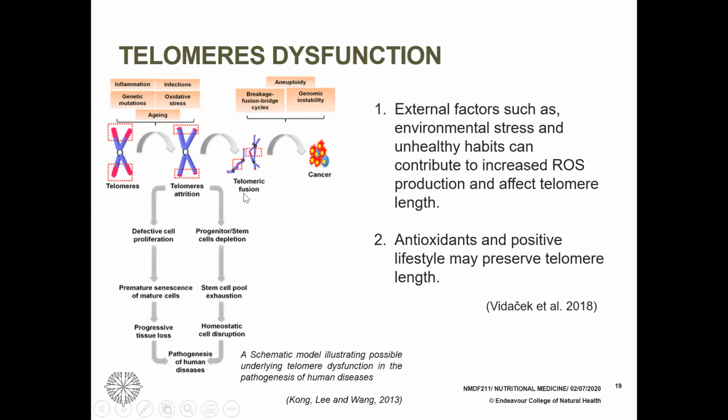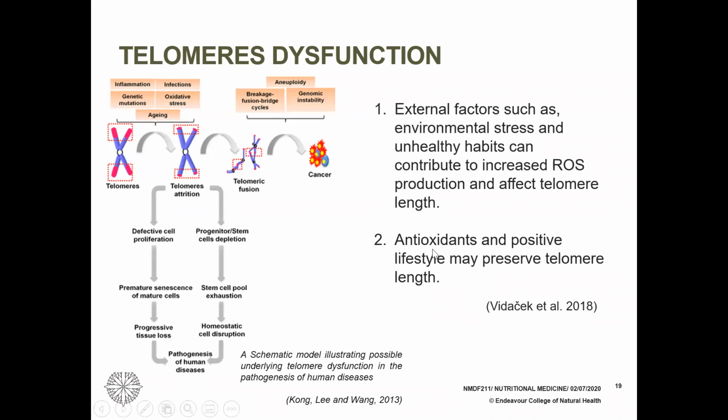Okay. And there is this thing written, telomeric fusion. So what happens is that if there is not enough telomere, when the chromosome is replicating, instead of getting separated properly, they get fused. And that's when we get aneuploidy or mutations happen. And if that accumulates, that becomes a cancer risk.